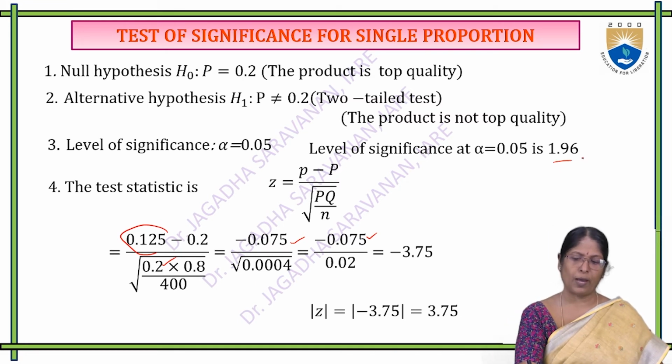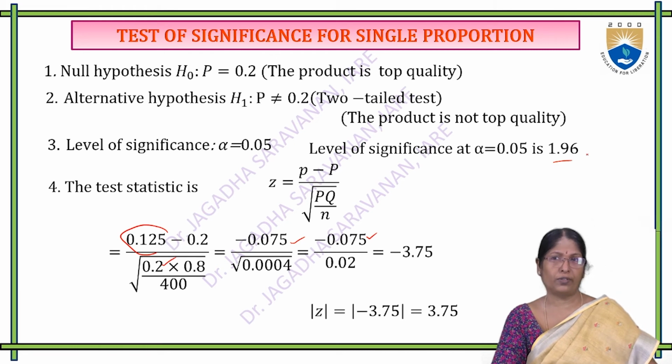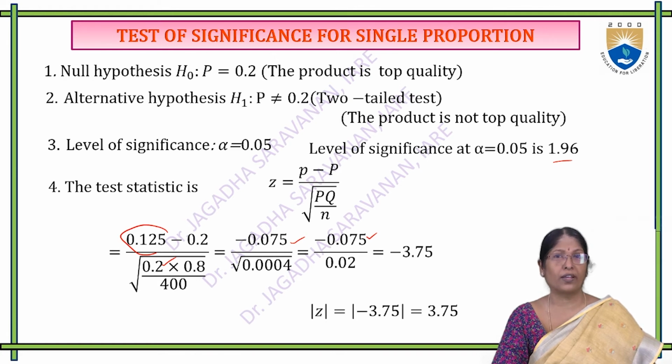Now suppose the same problem with a left tail. Here the tabulated value differs. For one tail at 0.05, it is 1.645, and that will be placed here. If the calculated value is more than 3, the null hypothesis is compulsorily rejected, because the critical value of z in the table is at most 2.58.